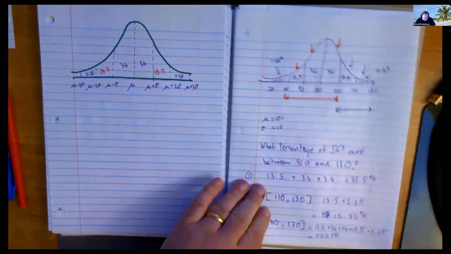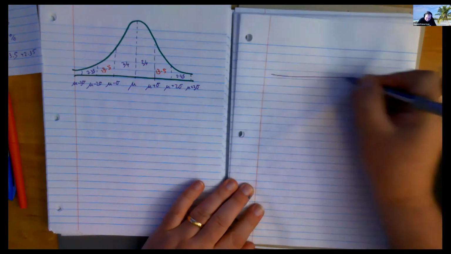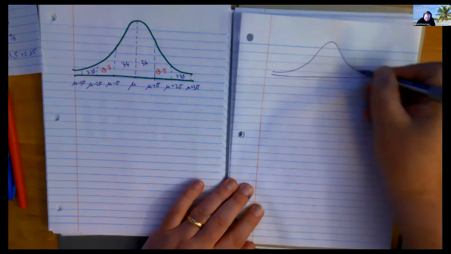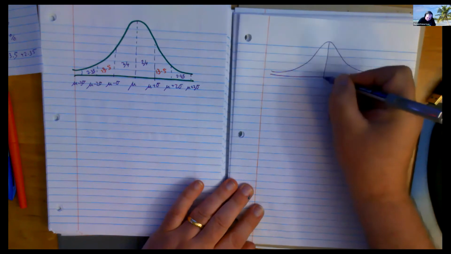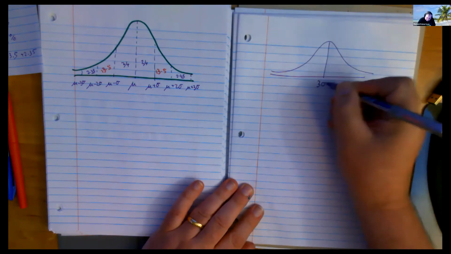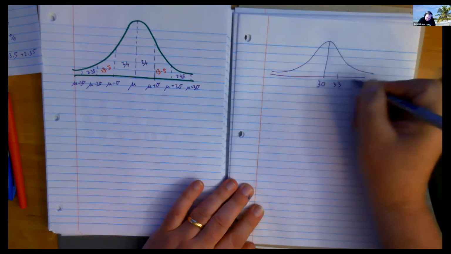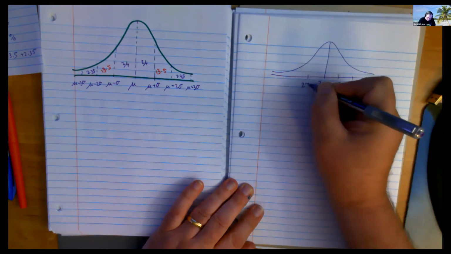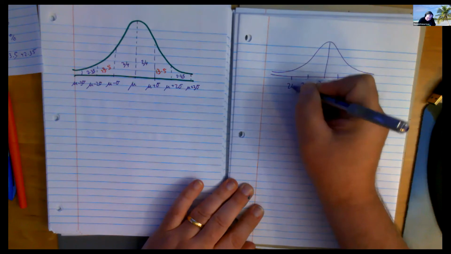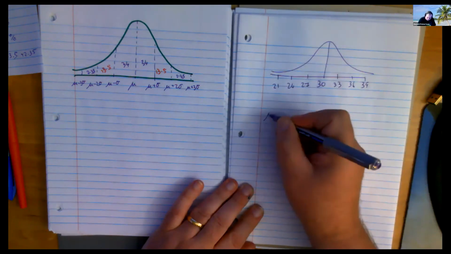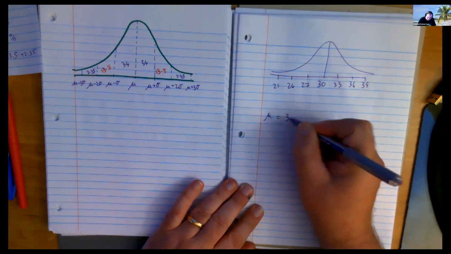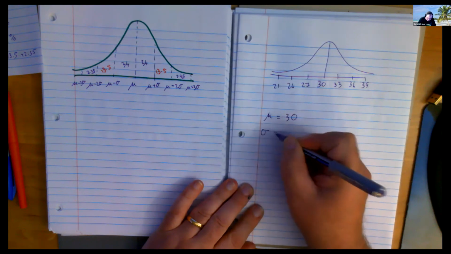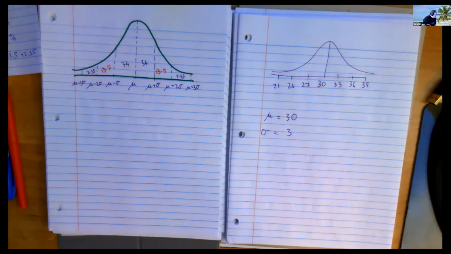So let me see if I can catch you. I'm warning you up front, this is a trick question. So in this particular story, the mean is 30 and the standard deviation is 3. Can we say that's kind of old hat? We can do that without thinking.